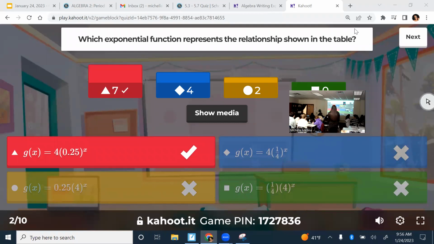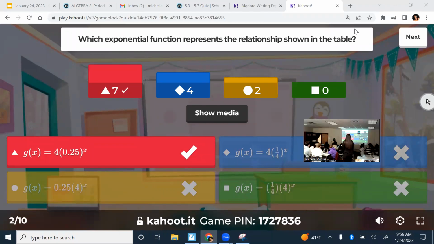So again, this is the skill that you work on every day and still people get it wrong. So listen closely.